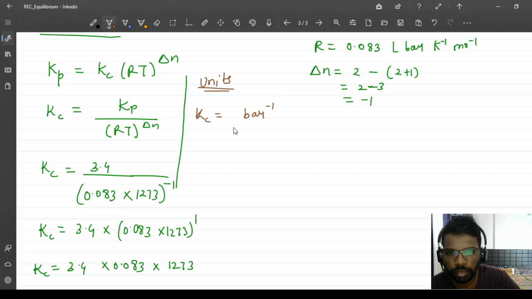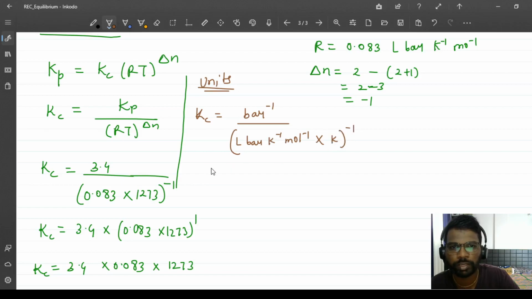I'll write this way: liter bar per Kelvin per mole, into, this is Kelvin, and here there is raised to minus 1 is there.